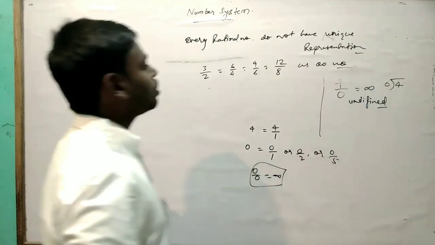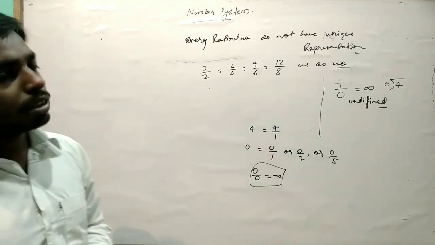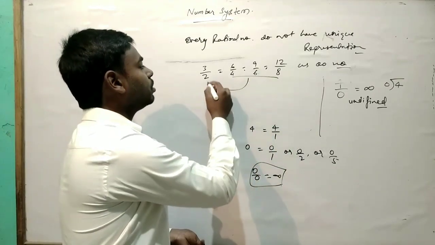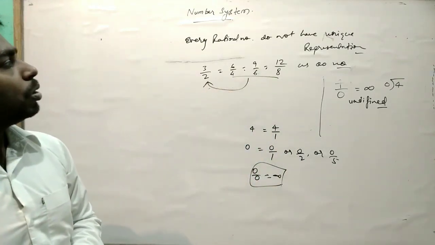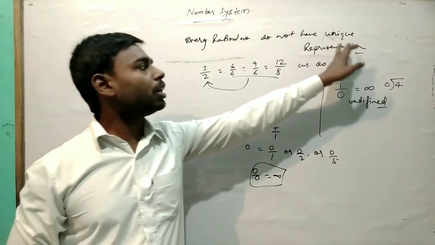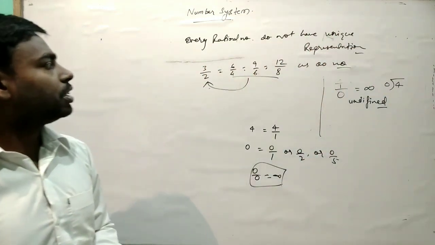This is also a rational number, and this is also a rational number. These are all equal to 3 by 2. So every rational number does not have a unique representation.